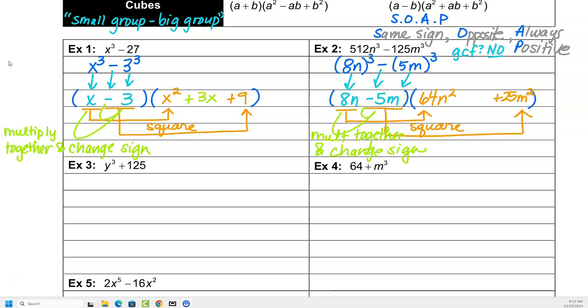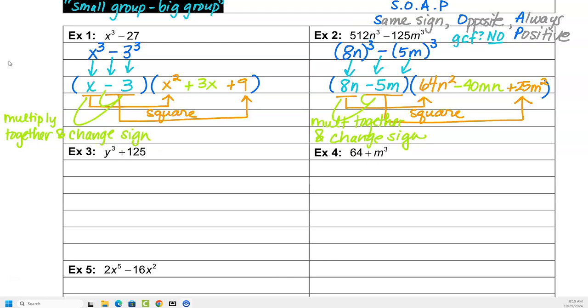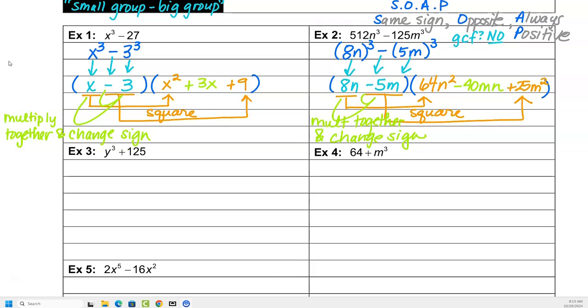Negative 40, and then n times m. So that will be negative 40mn. Oops, I ran out of room. I'm going to just move this over just a little bit. How are we doing?